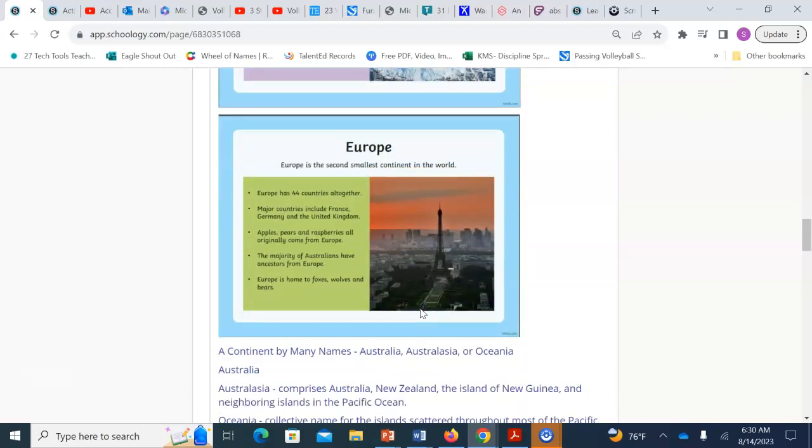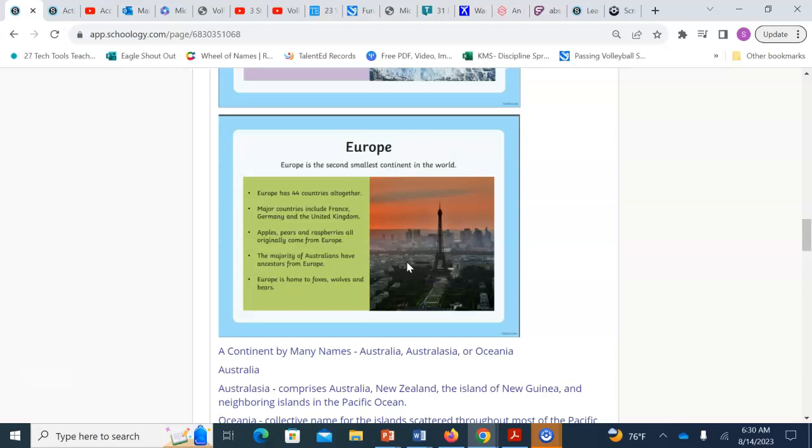So when we get to our smaller continents, Europe, it's the second smallest. There's 44 countries in Europe. Things like France, Germany, England or the United Kingdom, the Netherlands, all of those are countries that are found in Europe. Things like apples, pears, and raspberries, those are all foods that originated in Europe.